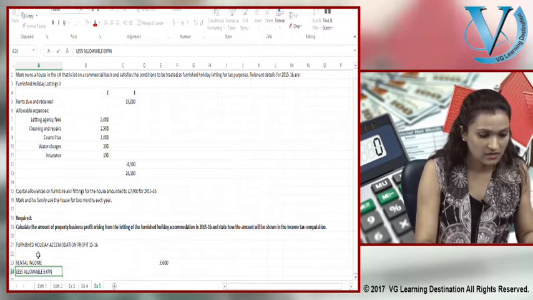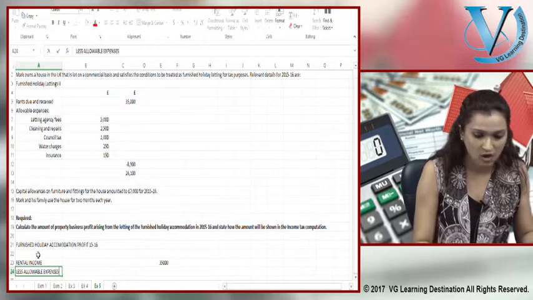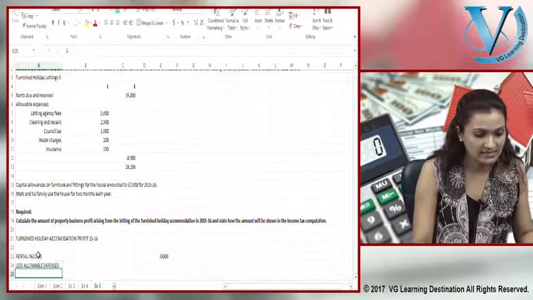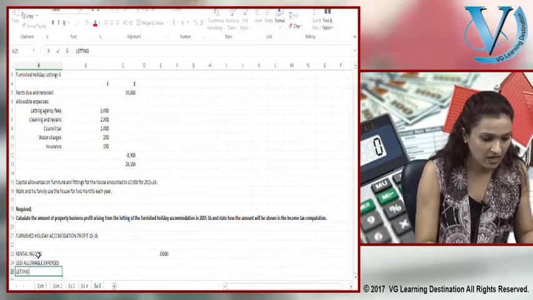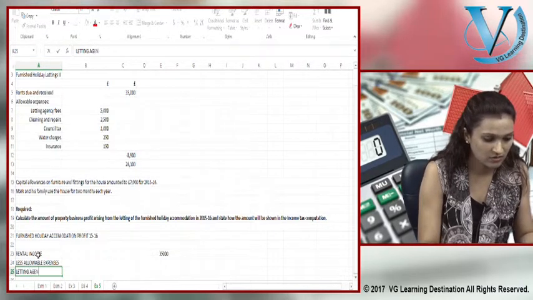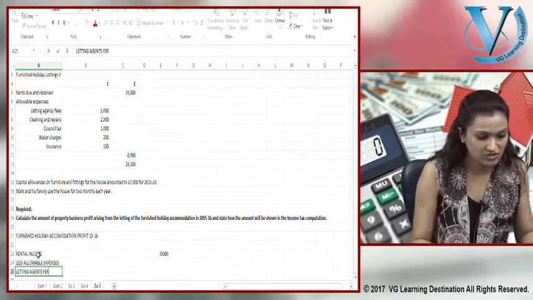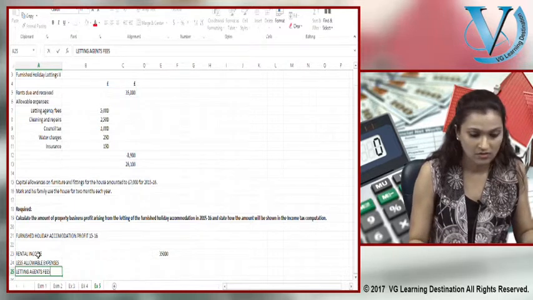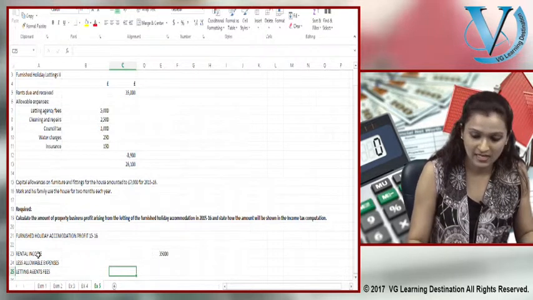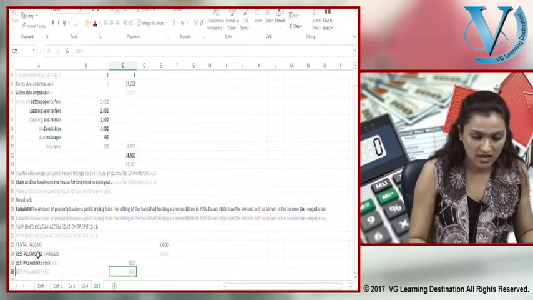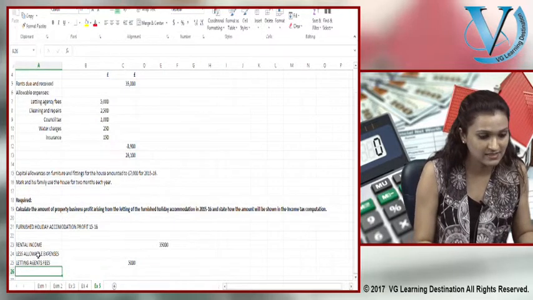Now the first expense is the letting agent's fees, allowed in full, which is how much? Letting agent fees is £5,000. Now what about your other expenses?